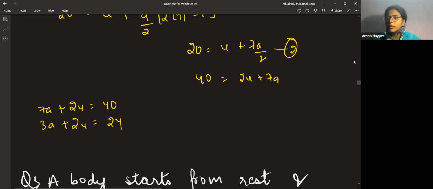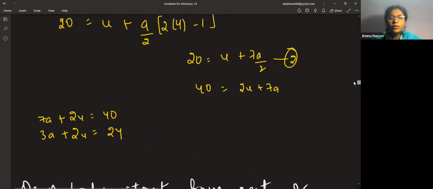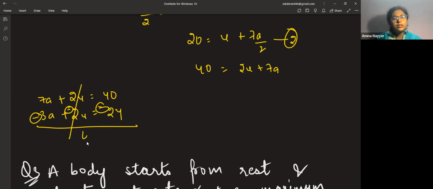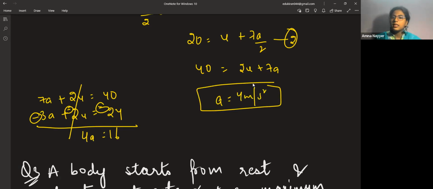I hope this was the equation. So you can subtract these, signs will change, and the 2u will get cancelled anyway. This becomes 4a is equal to 16. So acceleration will come out to be 4 meters per second square, right?